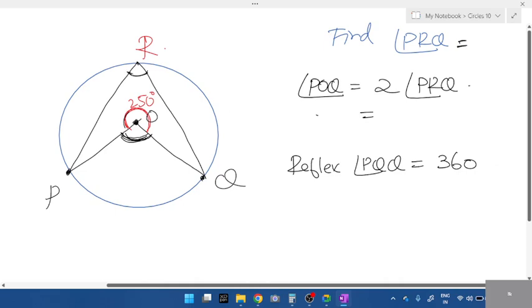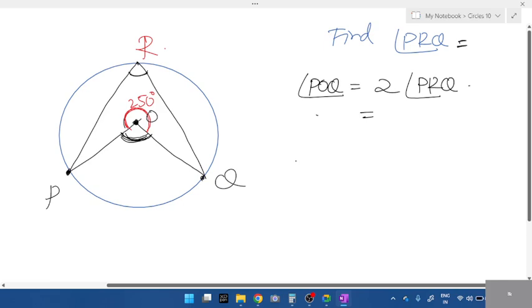Is PRQ at the center or outside? It's on the circumference, right? So take down the formula, students.